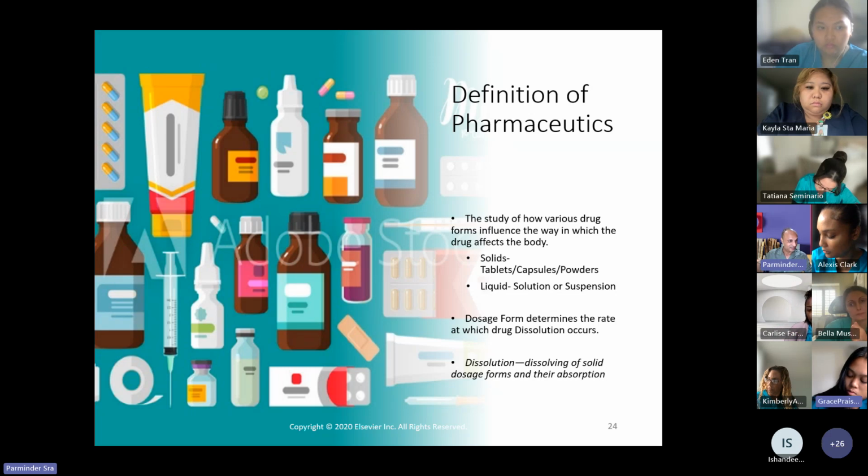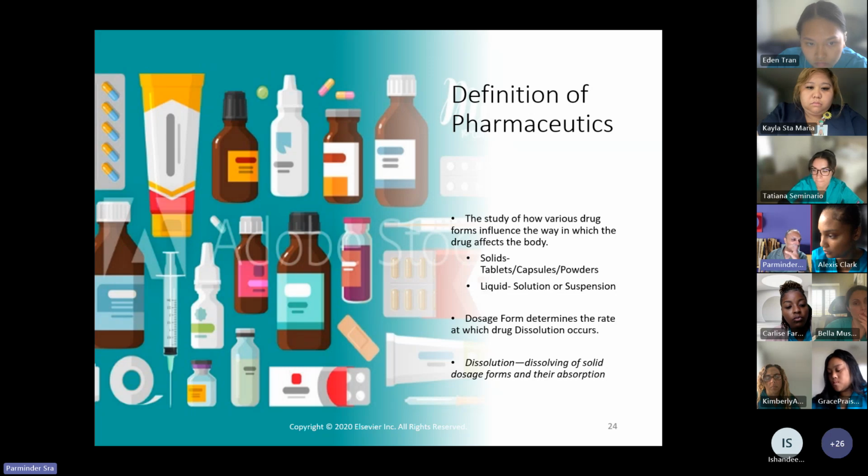So we don't crush or chew them, which can cause abdominal issues like indigestion and abdominal pain, up to even severe bleeding or over sedation, based on the medication. Okay. All right, let's move on.